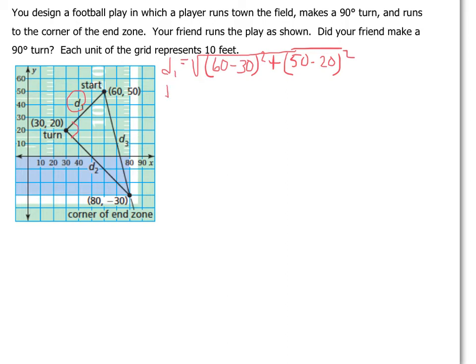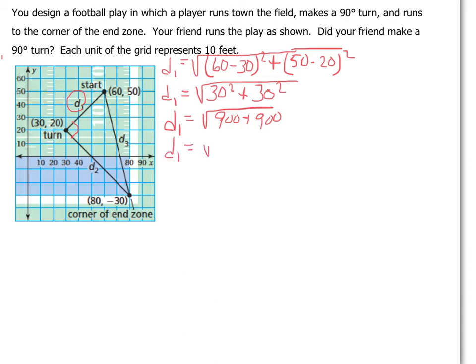So once I start simplifying, that gives me 30 squared plus another 30 squared, 900 plus 900, D1 equals 1800. Now, I'm going to leave this just like this before I do the square root button on the calculator.